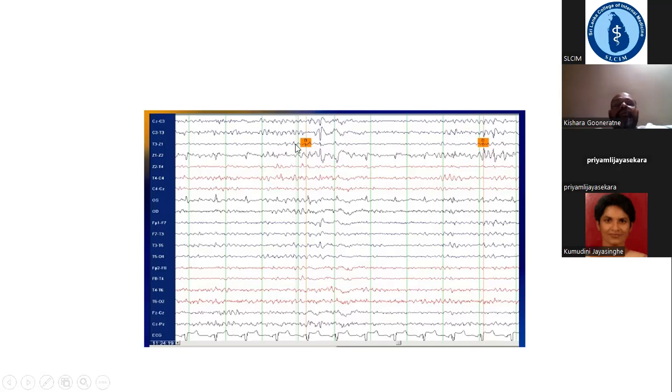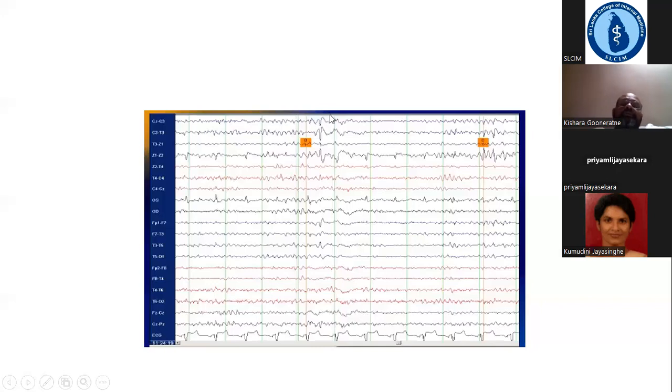And what generally happens is you can see that the background activity stops, and then after a while starts again, and that is what we say in EEG language: the background is disturbed because of this epileptiform discharge.